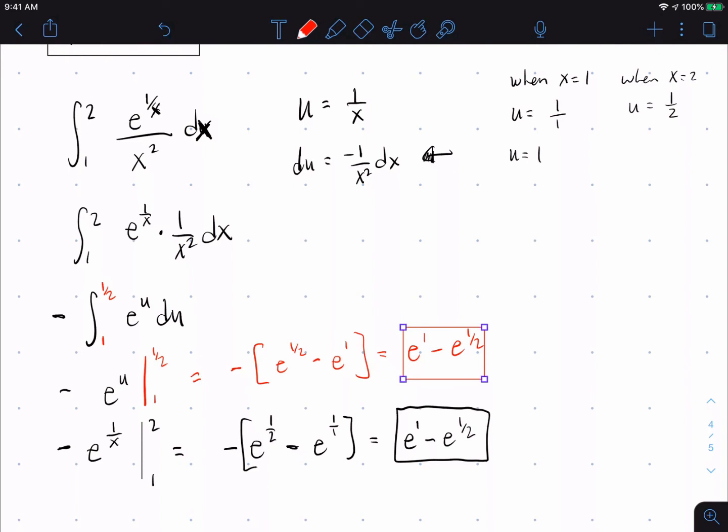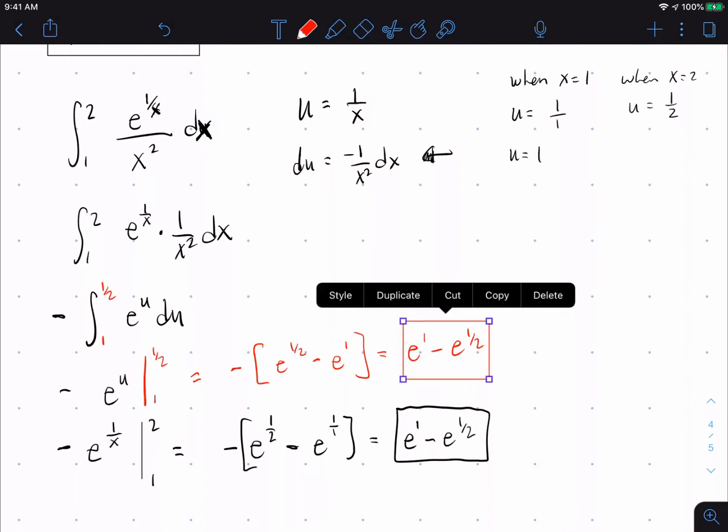So the whole point of me trying to show you this is if you want to change bounds, you can, but if you don't, just go back to terms of x and then evaluate with the original bounds that you had. You will get the same answer. Sometimes it's more work to change back to x's, but I just wanted to show it to you so you can have more than one way to be able to solve these problems.